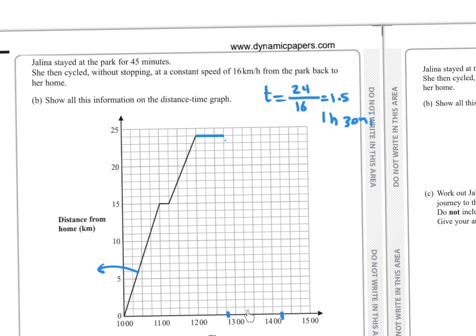So 6 small squares to reach home. Now join this point to that one, to draw the line which represents the journey home.